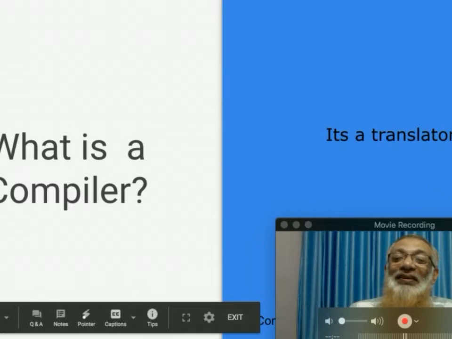What is being translated? What's the need of translation? And what is the input for this translator, and what is being produced? These are all the immediate questions in one's mind when we say that there is a translator called compiler within a computer system.